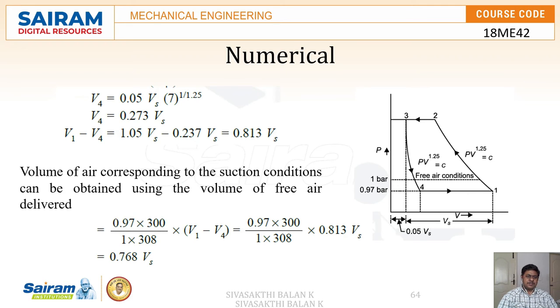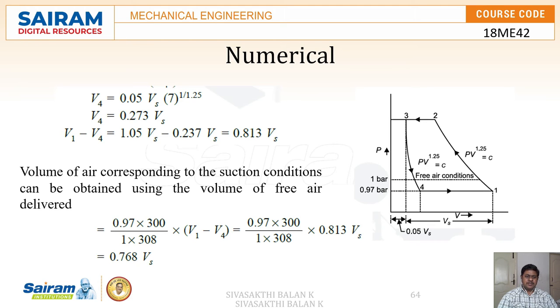From this, substituting all the known values, we get the value of V4 as 0.273 times Vs, the swept volume, and we know that V1 minus V4 is the induced volume. Substituting the values of V1 as well as V4, we get V1 minus V4, the induced volume, in terms of swept volume as 0.813 Vs. And we also know that the volume of the air corresponding to the suction condition can be obtained using the volume of free air delivered.